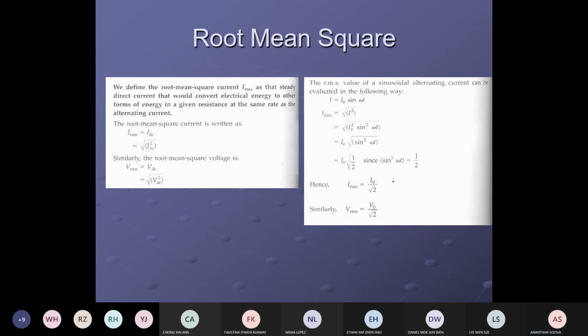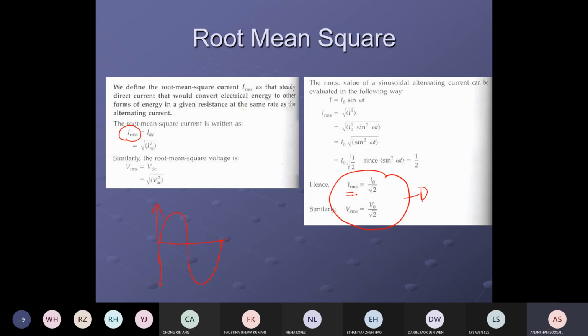Now, only for a sinusoidal graph, where the current is changing sinusoidally, the RMS current is linked to the peak current by these two formulas. Please memorize these two formulas linking RMS to peak value.